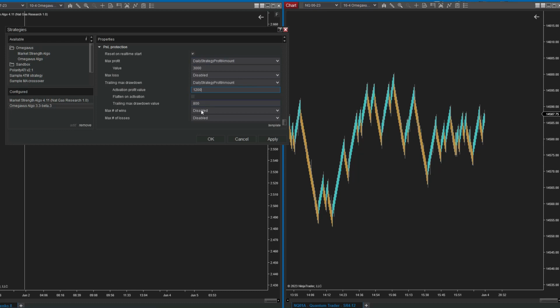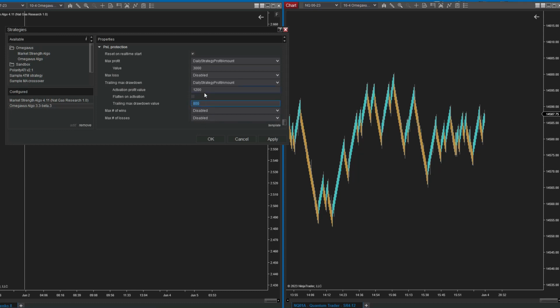So basically, it's the way that you see it here, me setting it up. I say, hey, once you hit 1,200, activate the maximum drawdown value of 800. I'm saying once you hit 1,200, if you give back 800, close the trade.